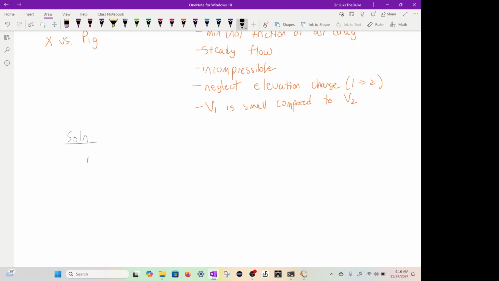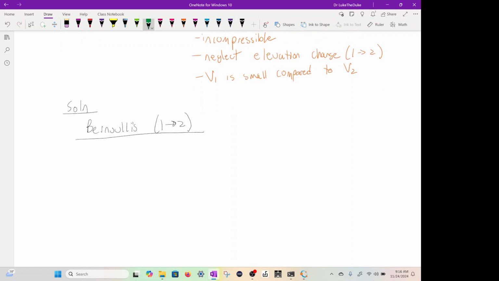So let's get to the solution. We have Bernoulli's from 1 to 2. And if you remember, Bernoulli's equation is P1 gauge over rho plus V1 squared over 2 plus g Z1 equals P2 gauge over rho plus V2 squared over 2 plus g Z2.